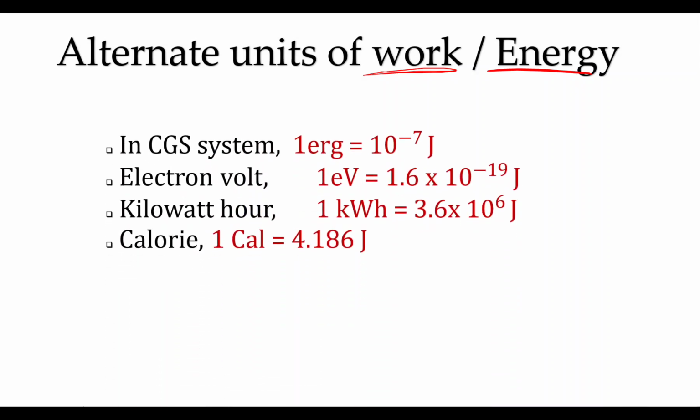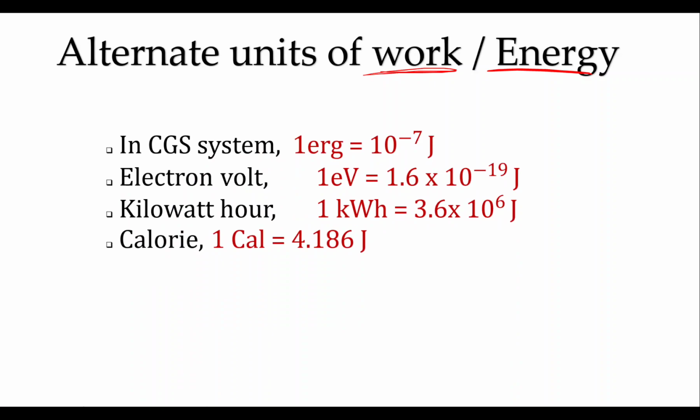Here we have the CGS unit, that is 1 erg is equal to 10 to the power minus 7 joule, and electron volt, 1 eV is equal to 1.6 into 10 to the power minus 19 joule. 1 kilowatt hour is 3.6 into 10 to the power 6 joule, and calorie is equal to 4.186 joule.